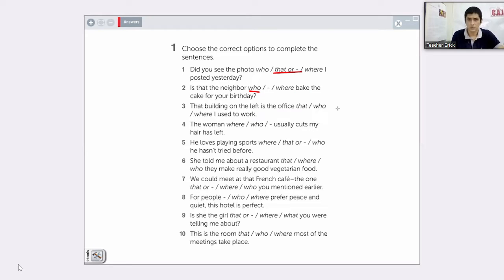I'm going to give you 1 minute to decide which one is the correct option, and then we're going to check.